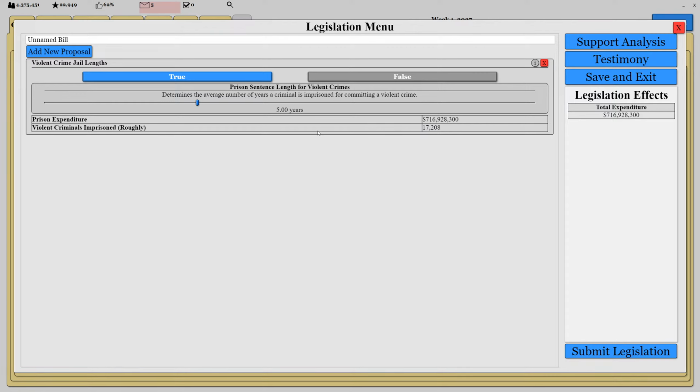Okay, so it's a lot more detailed whenever it comes to the changes that these will go through. So we can see the average prison sentence. We can bump it up to 5 years. That would increase our prison expenditure to $716 million, and would imprison 17,000 people.